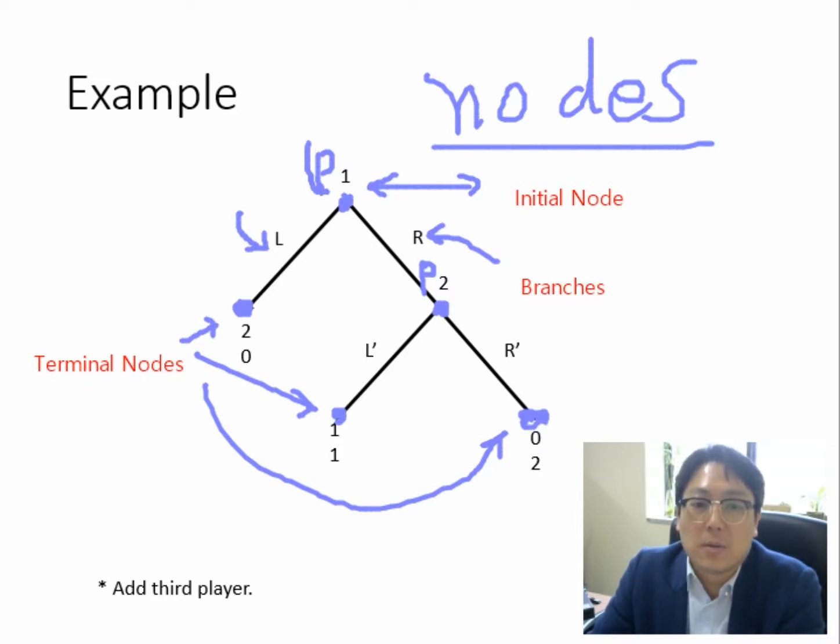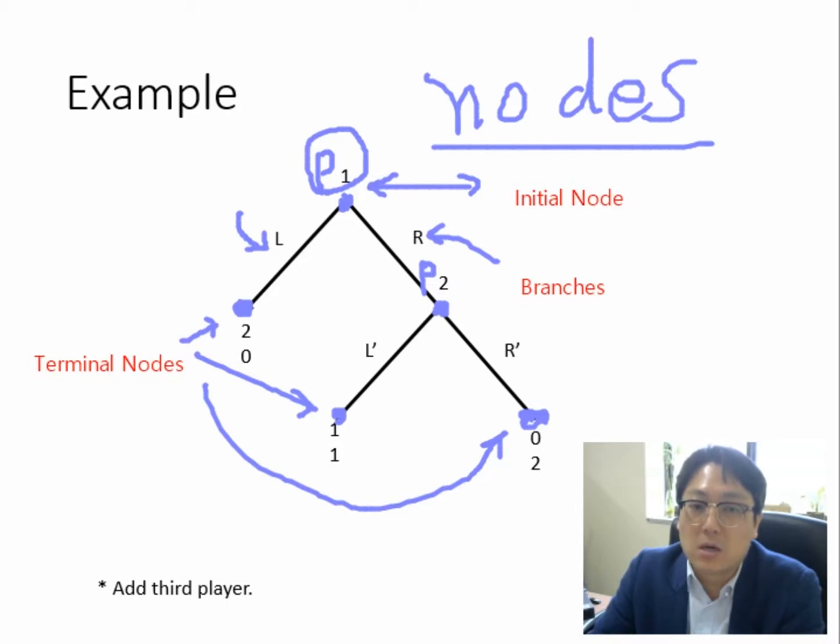So here, P1 means at this node, which is also the initial node, the first player will choose what kind of action, between left and right, L and R. So player 1 can choose L or R at the initial node as a branch.